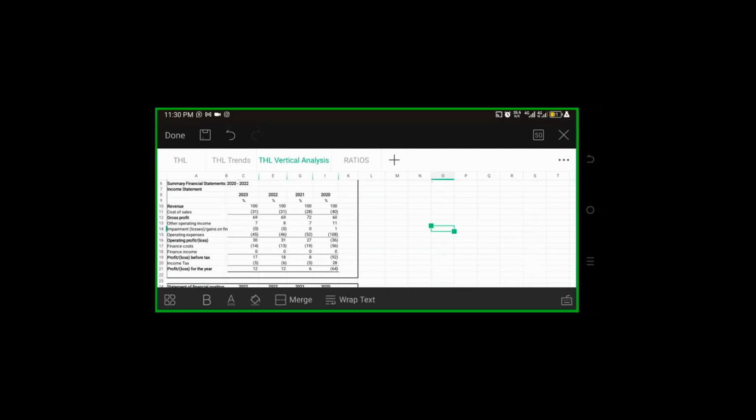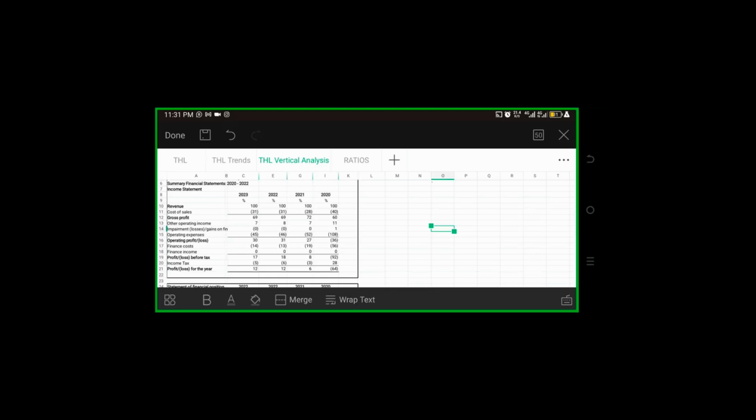They were also able to manage their finance cost, and that is why they were able to achieve a reasonable profit. That's why they came back to profit in 2021. In 2022, their direct costs grew back to 31%.